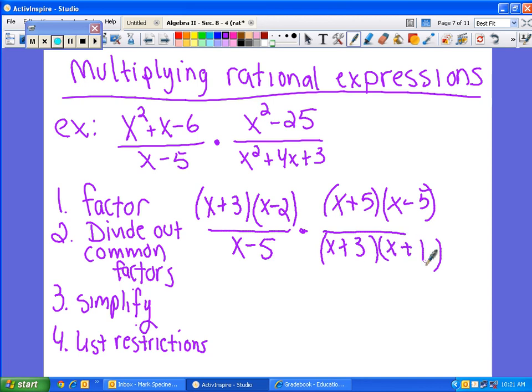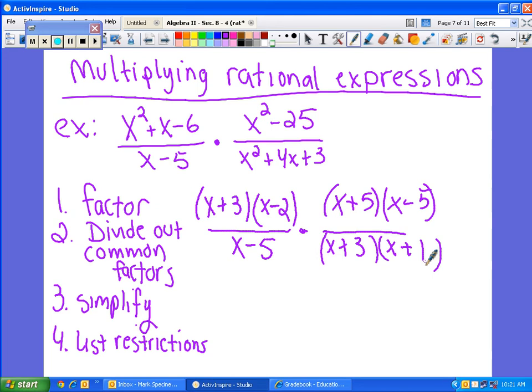So again, this is exactly what we did yesterday. And in fact, the next step is exactly the same as what we did yesterday. The only difference is, instead of just canceling within one fraction, now we actually have two fractions from which to choose our canceling. And remember, this is multiplication.